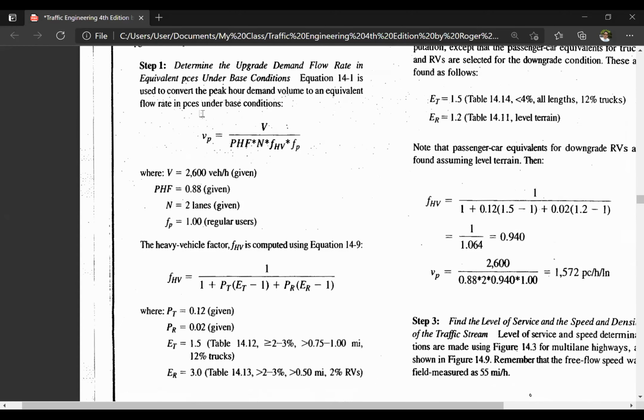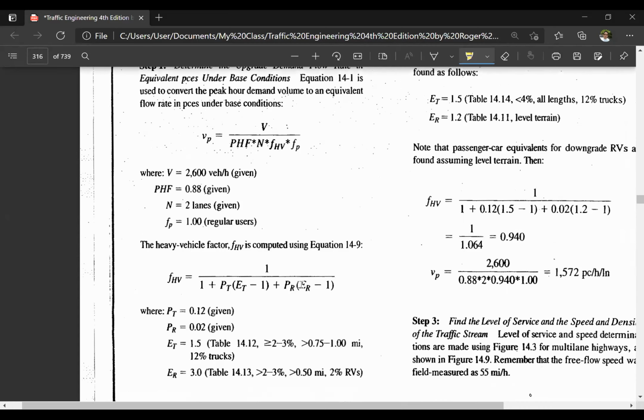The big V is 2,600, right? PHF given. N is 2, fp is 1. We don't know fHV yet, but fHV can be identified by using equation 14.9, right?